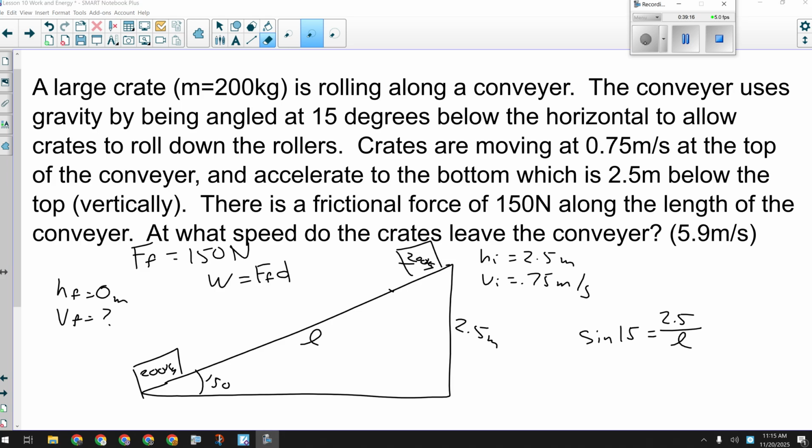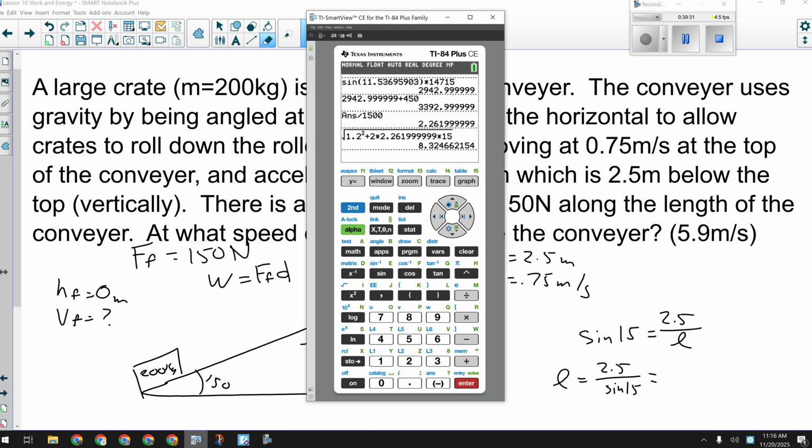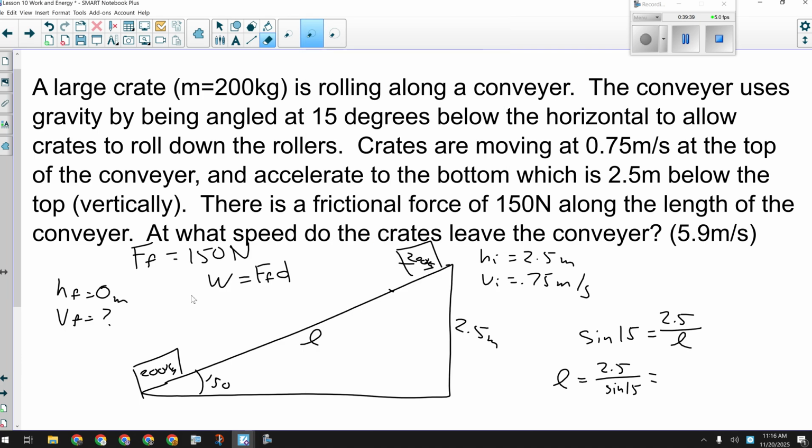Okay, so the first thing we need to do is, as we said, get the distance, right? The length of the ramp. So that's just a trig calculation. Okay, we're going to manipulate. The length of that ramp will be 2.5 divided by the sine of 15 degrees. Okay, so our ramp is 9.66 meters long.